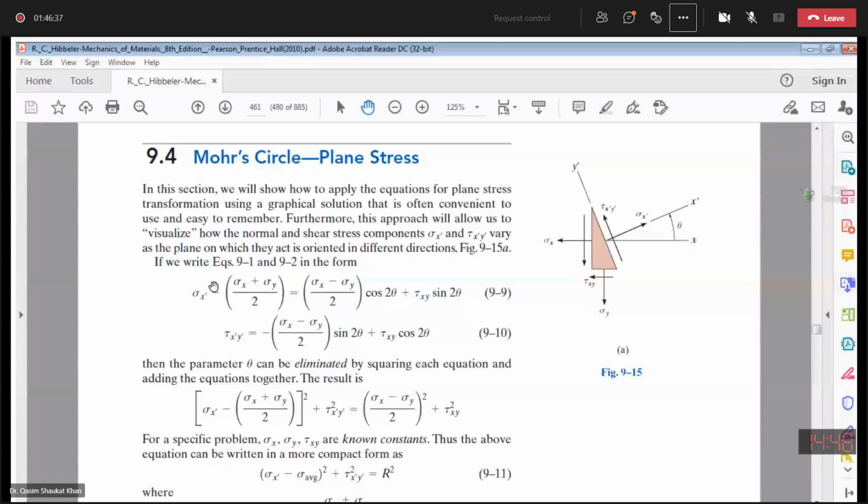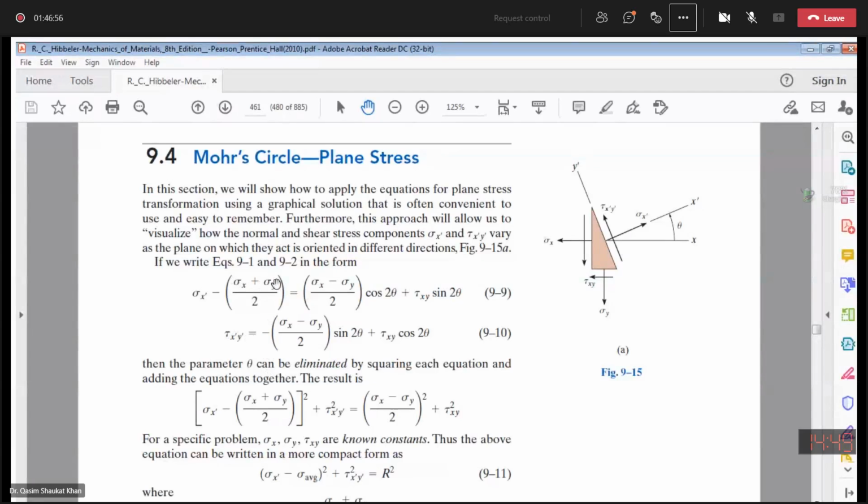Now what we are going to do is take the square of each equation and then add these two equations to eliminate theta.